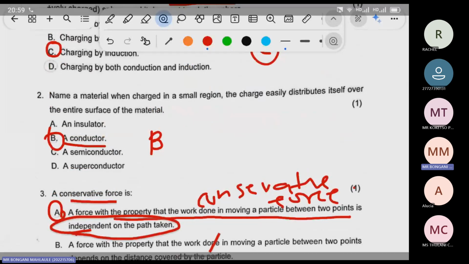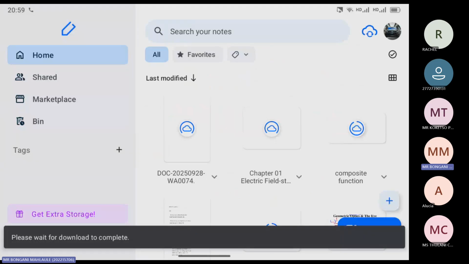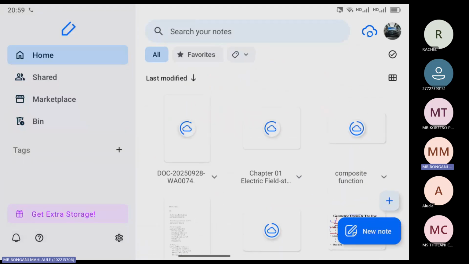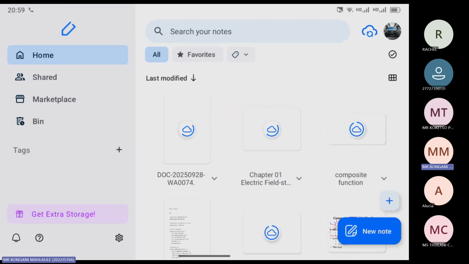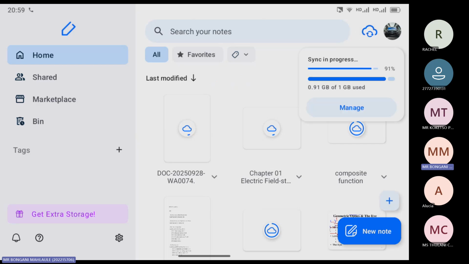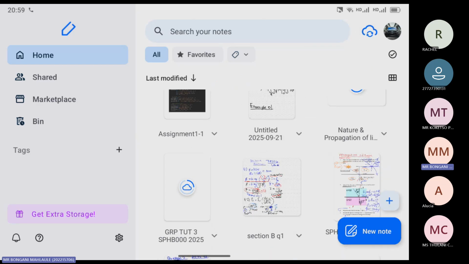So with that one, let me go back to that slide that I didn't download. The thing is loading a lot of times.